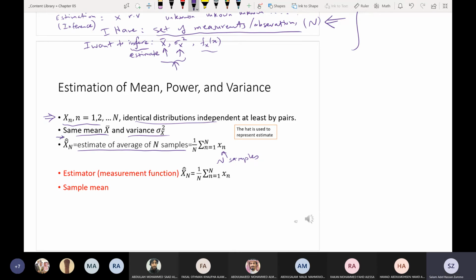We put a hat on top of it. لو تلاحظوا الهات هذه. A hat is used to represent an estimate. So the estimate of xn bar, x bar is the average. xn is the average coming from n samples. Okay? And xn هذه الهات هي الاستيميت.